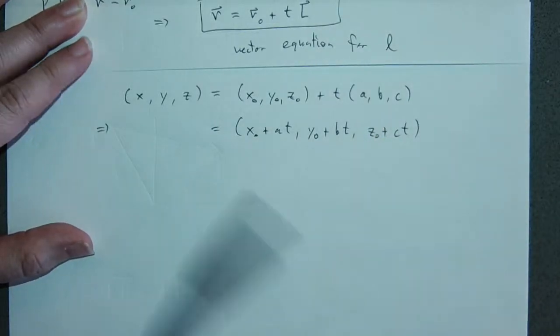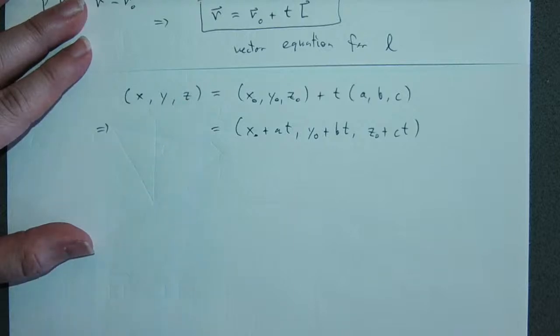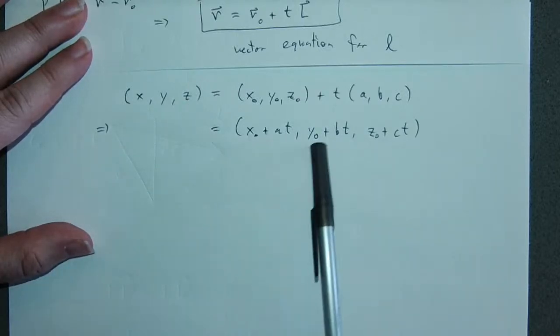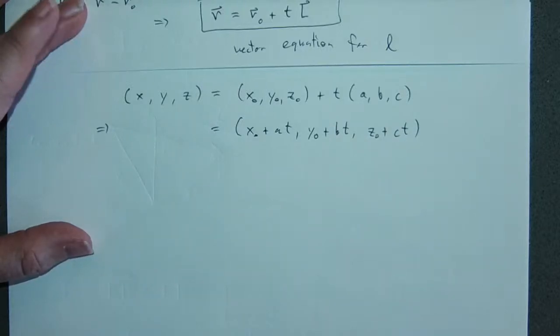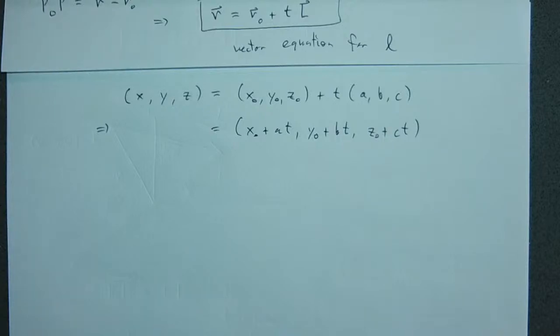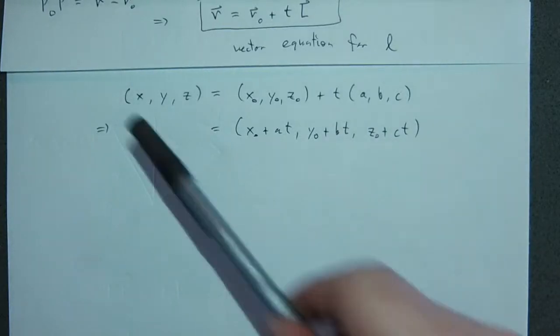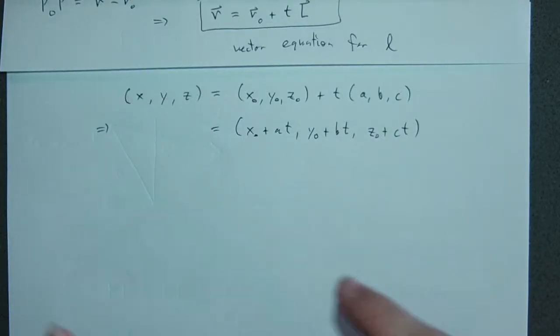So I have a vector x, y, z equal to another vector with the three components x naught plus at, y naught plus bt, and z naught plus ct. If two vectors are equal, I didn't really talk about this before, what does that mean? It means all of their corresponding components are equal. If you match them up by components, all of the components have to agree.